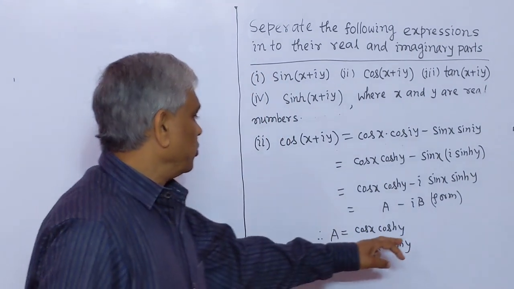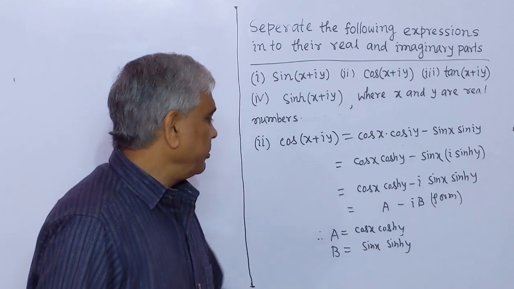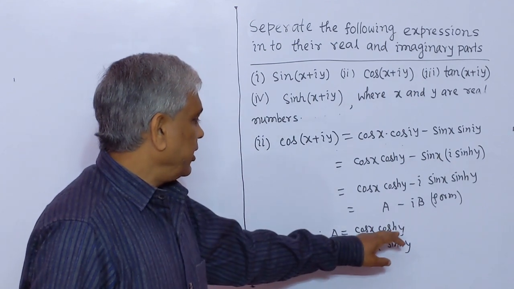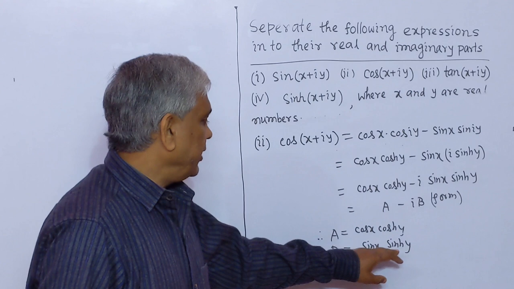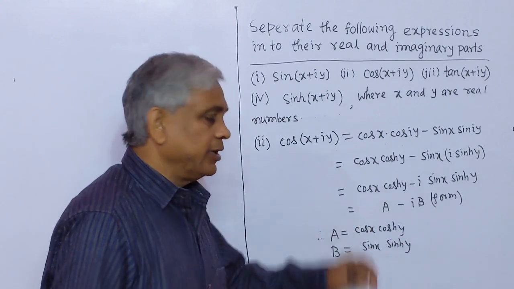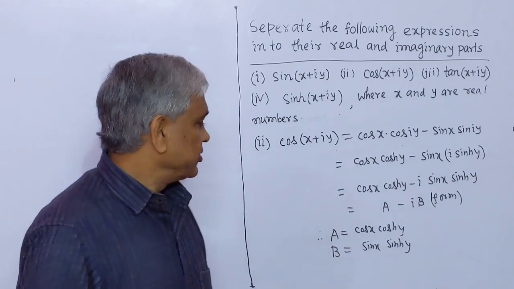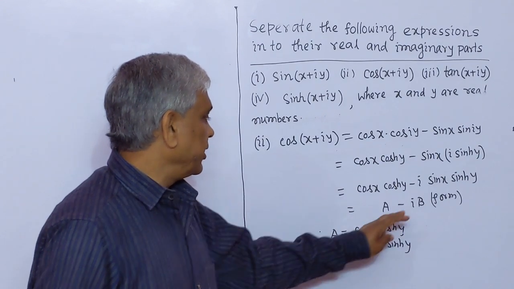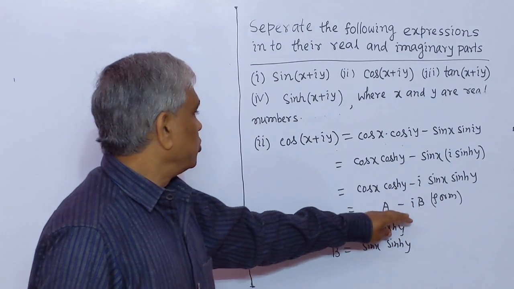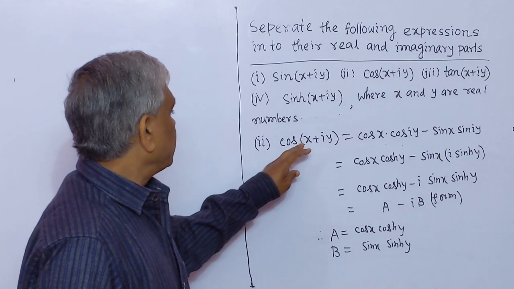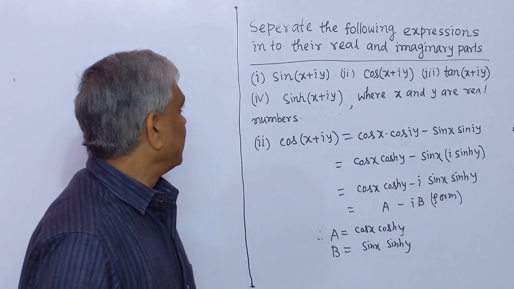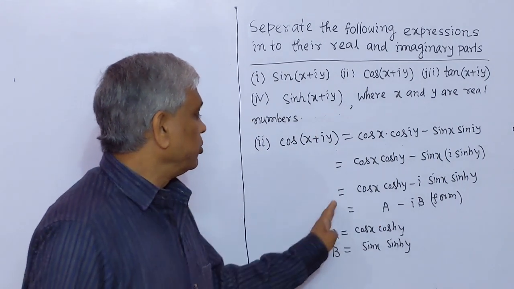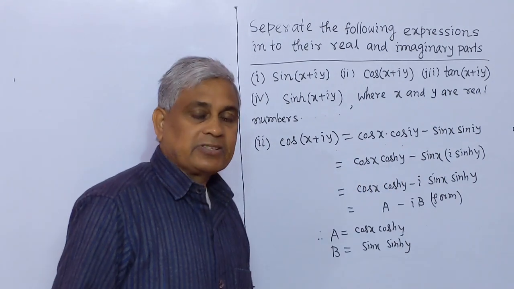Since y be real number, therefore hyperbolic cosine y and hyperbolic sine y are real numbers. This a is the real number and b is also real number. Here we have i. So cos(x + iy) is separated into real and imaginary parts.